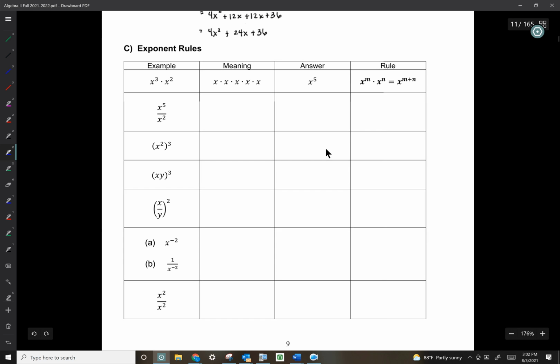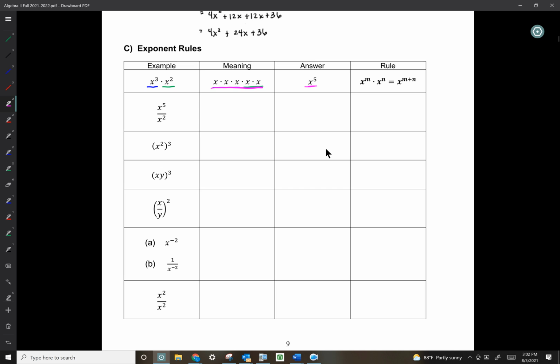So number one, I already have completed here. And the idea is if you have x to the third, that's the same as multiplying x by itself 3 times. And if you want to multiply that by x squared, that's the same as x being multiplied by itself 2 times. Then really, don't you have these 5 x's that are all being multiplied, which comes out to be x to the 5th.